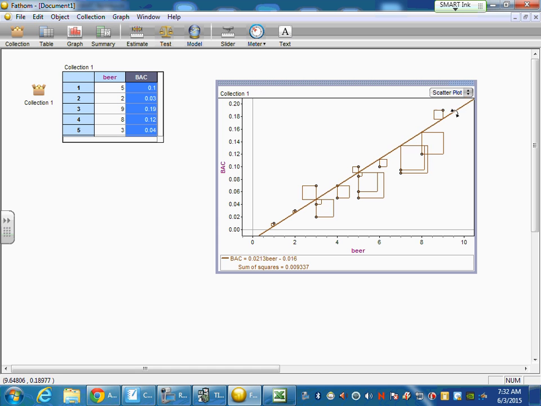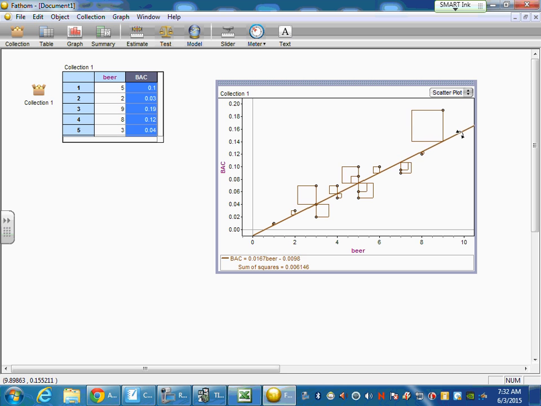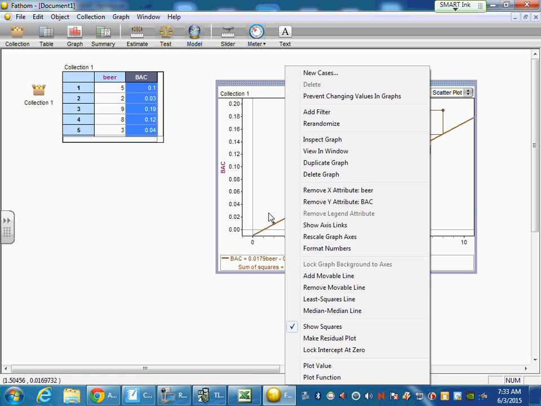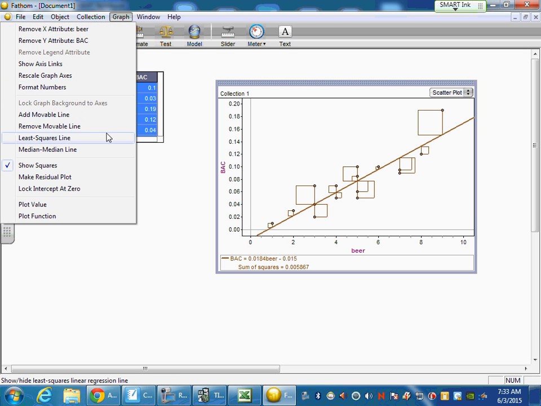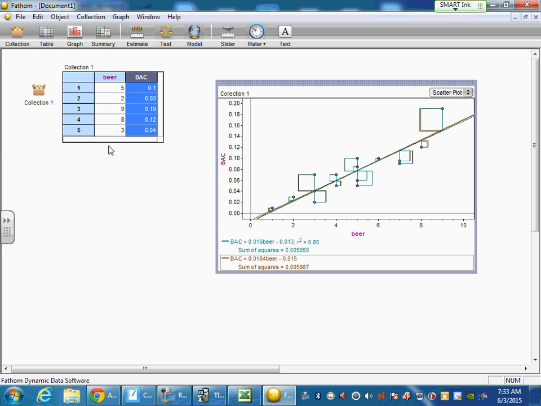So 0.1, now we're at 0.09765. That looks pretty good. Oh, then it started going up. So somewhere around there. And can I modify it to get below 0.58? Looks like 0.58 is pretty low. So now the sum of all those squares, if I add up all the area of those squares, it's pretty low here. Now if I want to check to see how accurate I am, I can go up here and just click on least squares line.